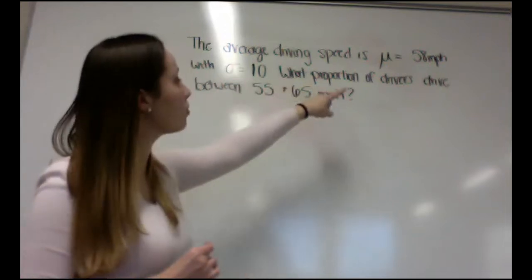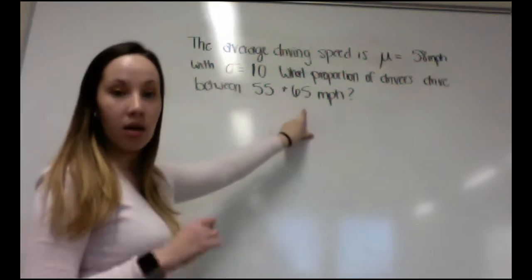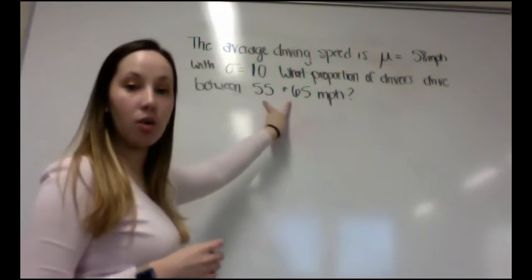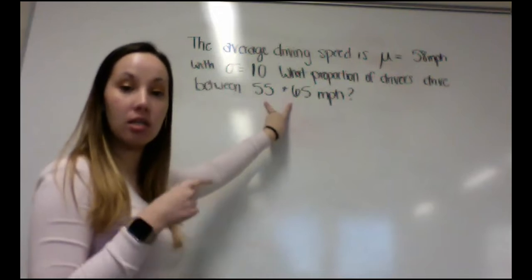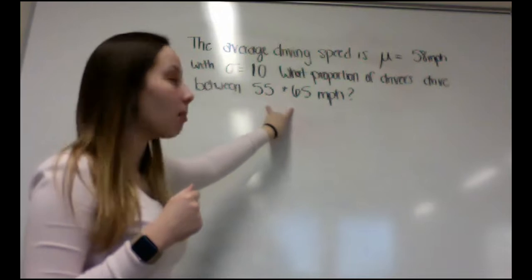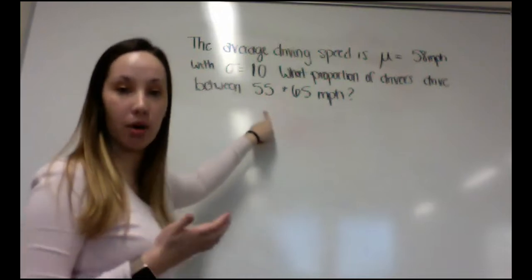What proportion of drivers drive between 55 and 65 miles per hour? So what we're going to do here is find out what these two raw scores are in z-scores. So we're going to convert these two raw scores to z-scores, and then we're going to find the proportion of the distribution between these two z-scores. So this is like a two-step problem.